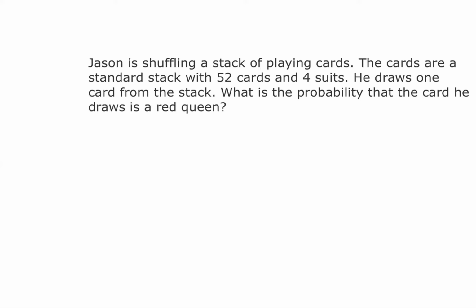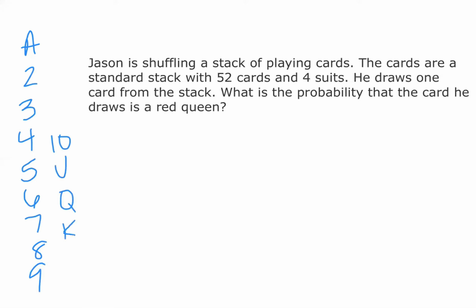So here, Jason's shuffling a stack of playing cards. The cards are a standard stack with 52 cards and 4 suits. He draws 1 card from the stack. What is the probability that the card he draws is a red queen? Well, in a standard stack, there are 4 suits, and each suit has ace, 2, 3, 4, 5, 6, 7, 8, 9, 10, jack, queen, and king. 2 of them are black and 2 of them are red.